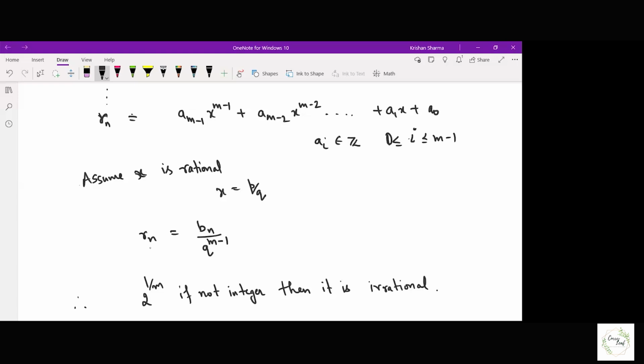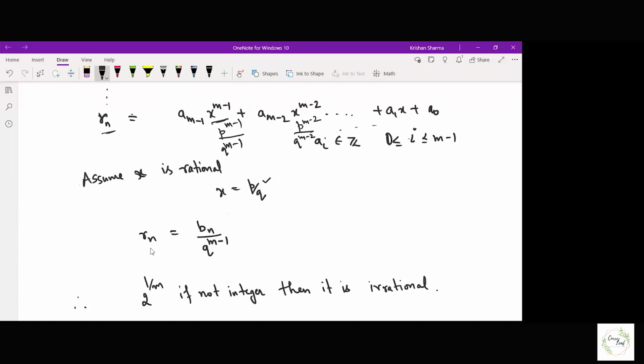Sir, if we are taking x equal to p by q, then in our Rn, x to the power m minus 1 will be of the form p to the power m minus 1 divided by q to the power m minus 1. And like we are taking the LCM from our previous examples, such that we are taking the maximum power of q.